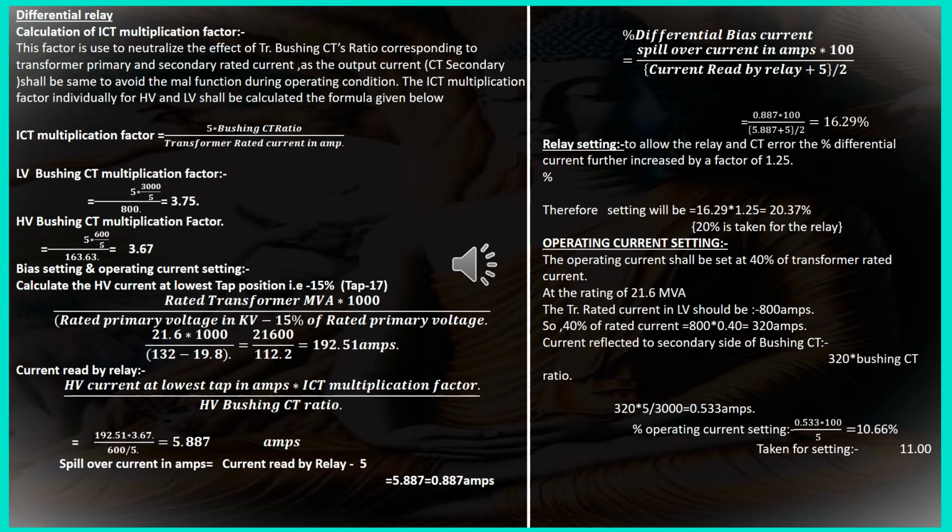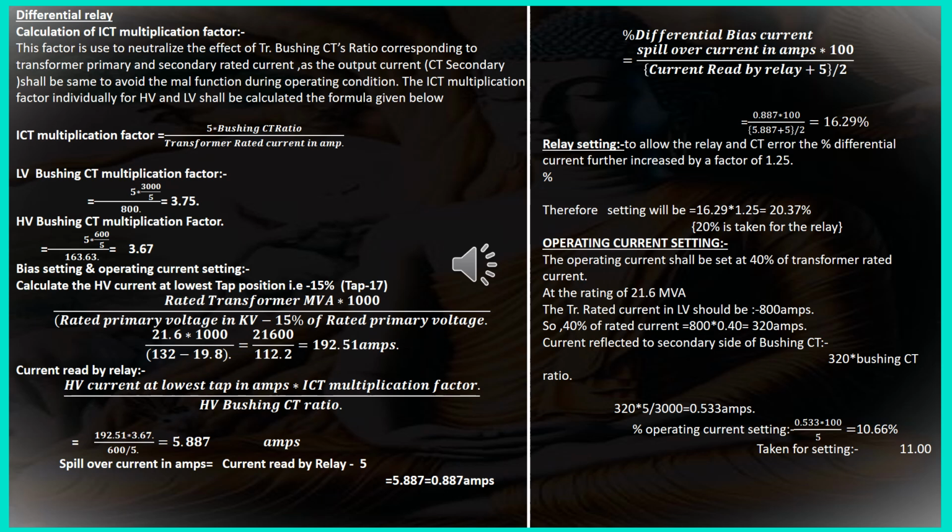So it is 21.6 into 1000 divided by 100% current is 132 minus 15% of this 132. So it is coming around 112.2. So it is 192.51 amperes. If you keep the tap at minus 15% voltage, then the rated load current will be 192.51 ampere.